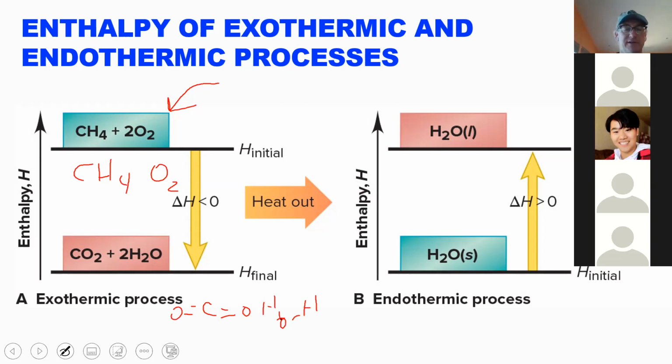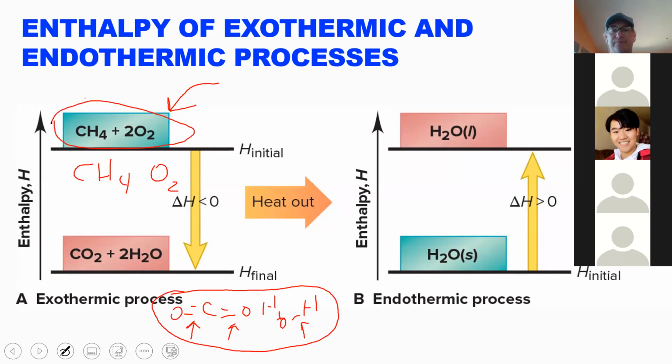It's the formation of these bonds that releases the energy. So when we do this combustion, the energy goes down. Heat comes out, and so the amount of energy now is less. There is less energy in these compounds than there is in these compounds.